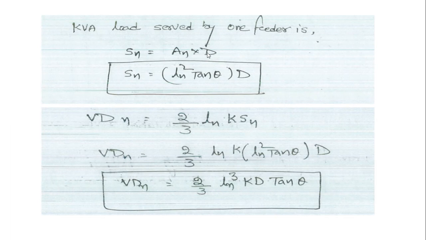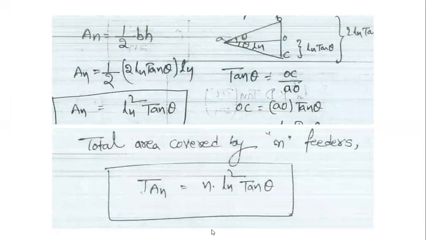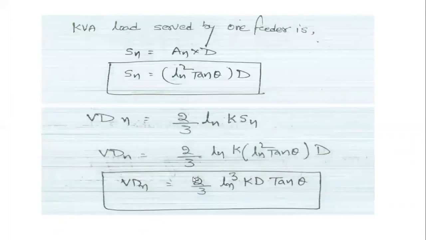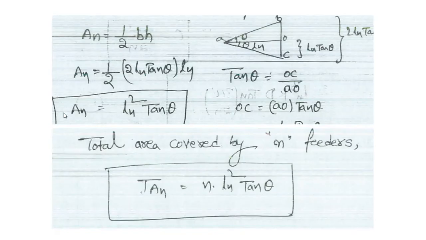The load served by one feeder is SN, equal to the area into density. What is the area covered by the single feeder? That means AN. What is the formula for AN? AN is equal to ln square into tan theta.